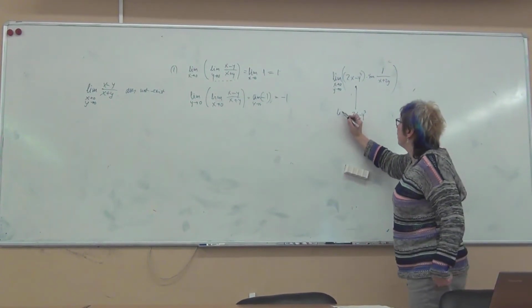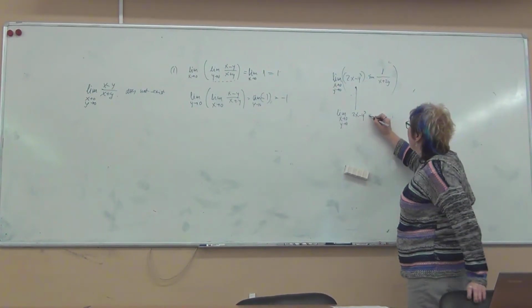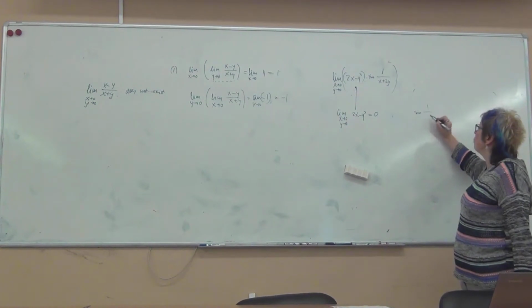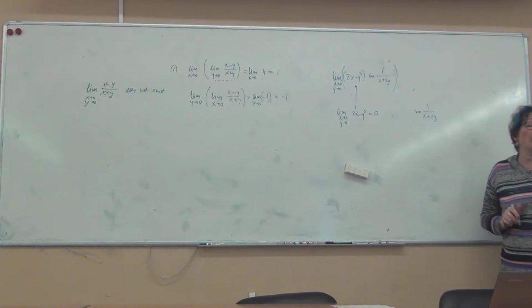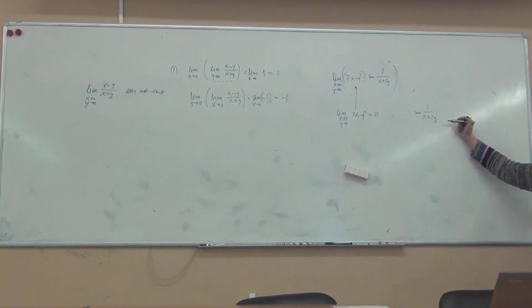So I can write the limit as x tends to 0, y tends to 0 equals 0. On the other hand, sine of 1 over (x plus 2y). What's going on if x and y both tend to 0? This value tends to infinity. Sine of infinity, what does that mean? We don't know.